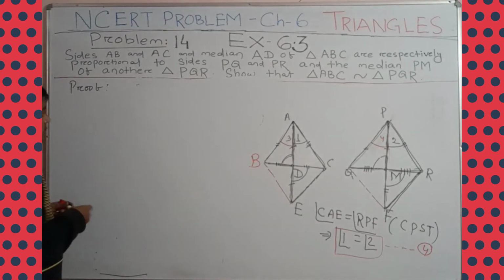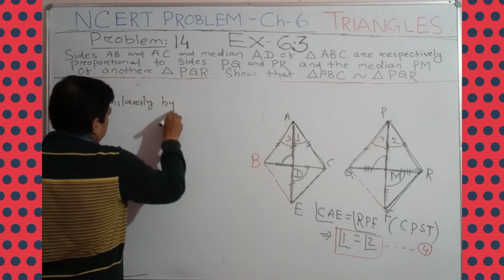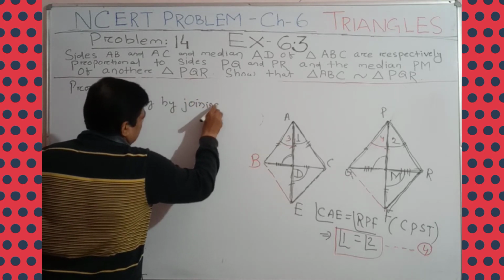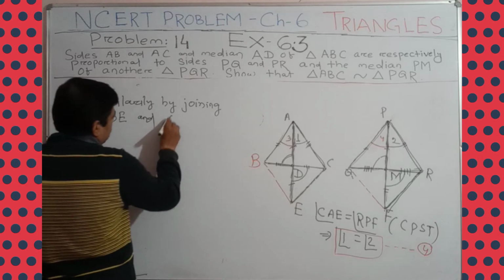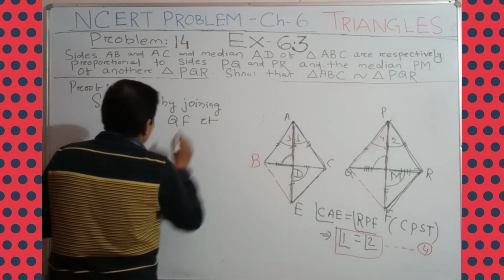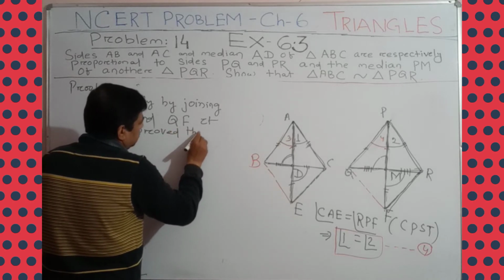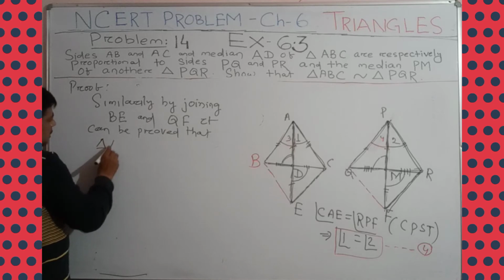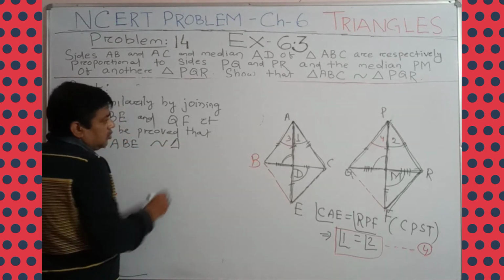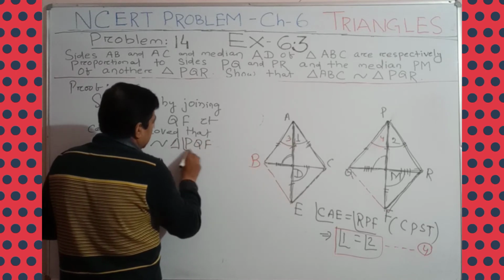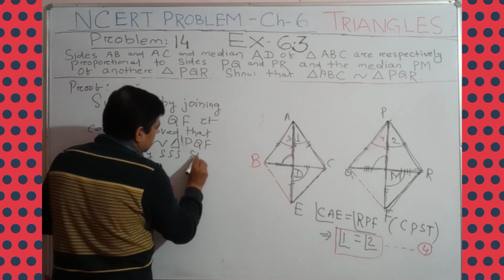Now since we got, similarly, by joining BE and QF, it can be proved that, in the similar manner, the triangle ABE is similar to triangle PQF by side similarity of triangle.